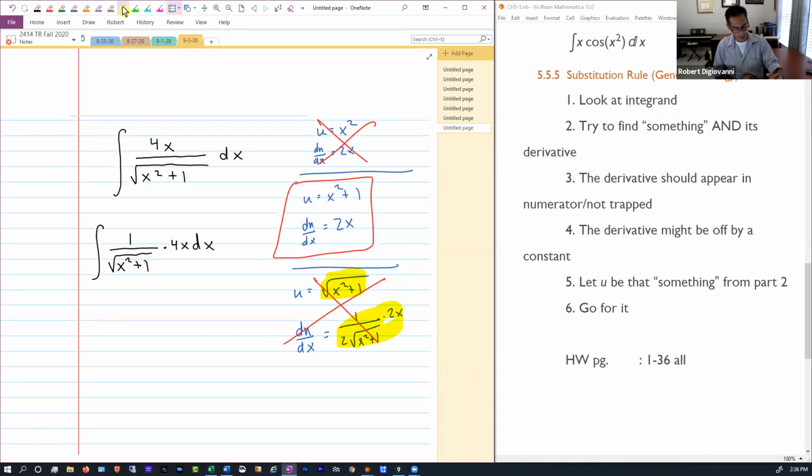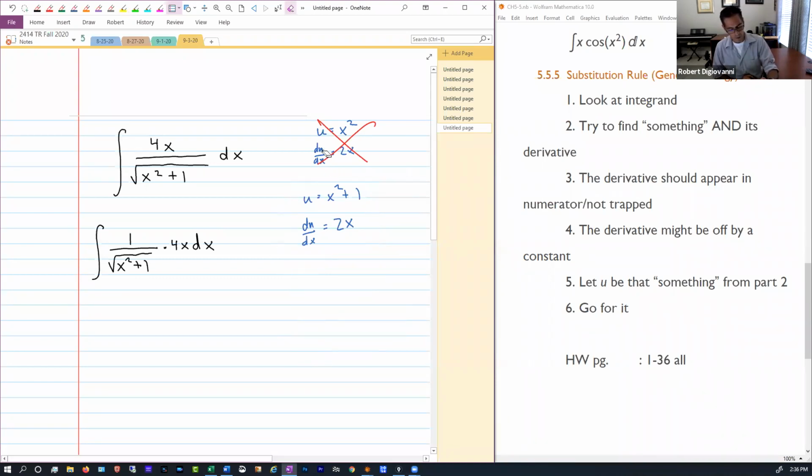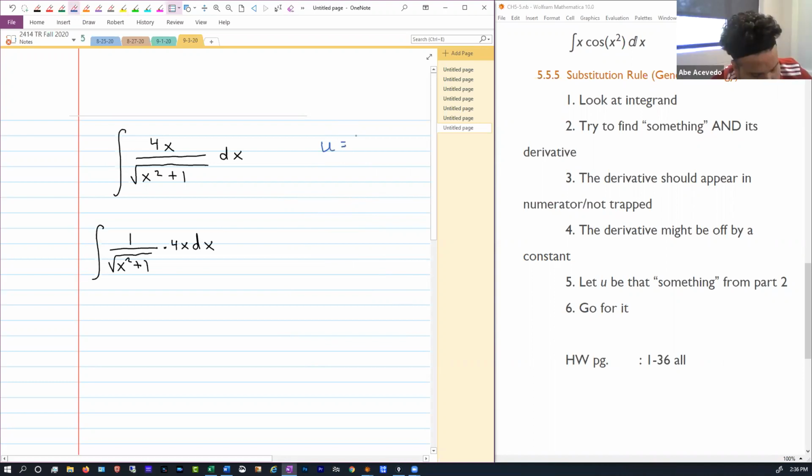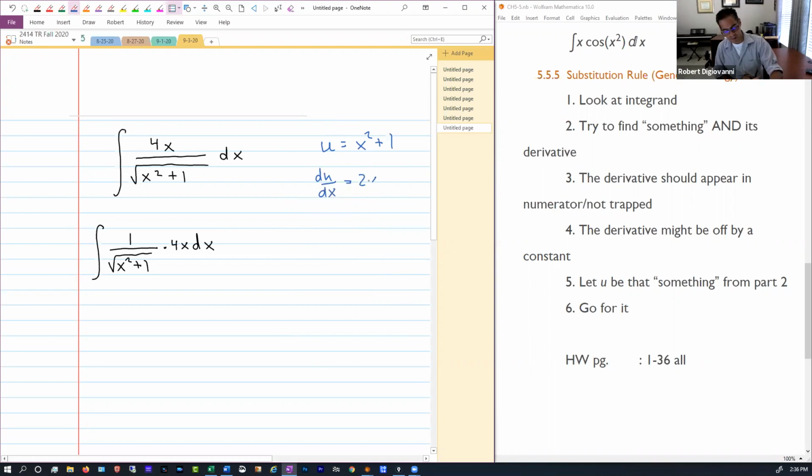Now, look carefully. I need to get rid of some of this stuff. It's getting in my way. I'm just going to rewrite that. So we had let u be x squared plus 1. We took the derivative with respect to x and got 2x. And then we multiplied both sides by dx.